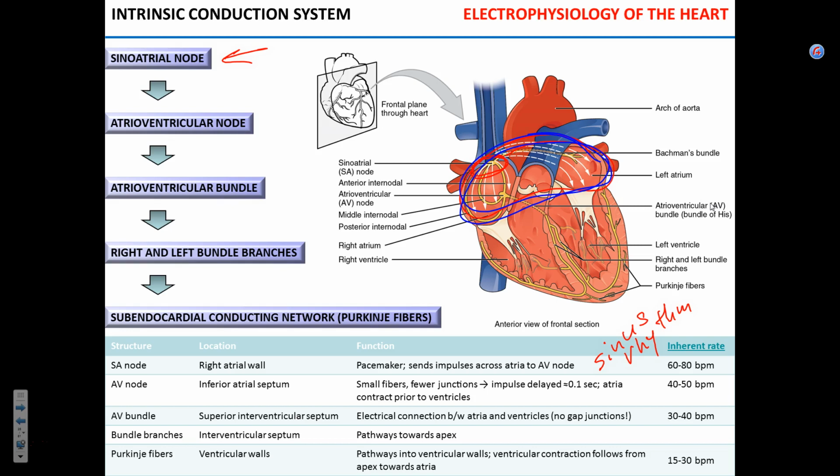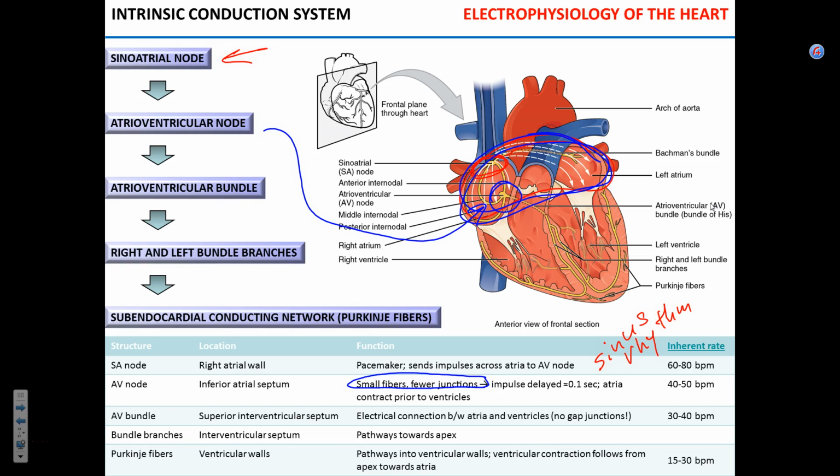Eventually, it will reach another node, this time called atrioventricular. The name suggests that this node is located at the border between the atria and the ventricle. It is indeed true, right atrium and right ventricle. The atrioventricular node has specific structural features: the small fibers and few gap junctions delay the signal from the sinoatrial node.